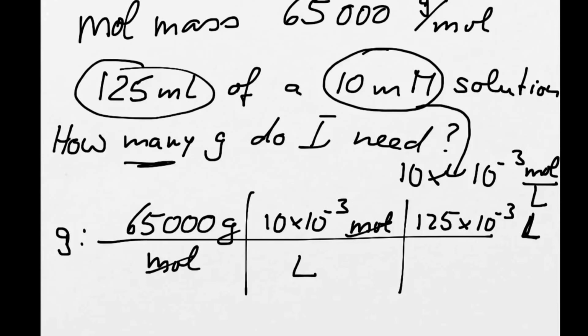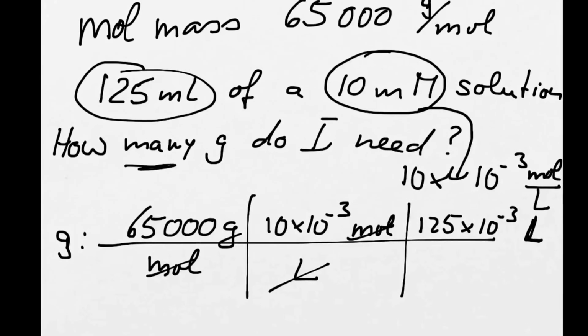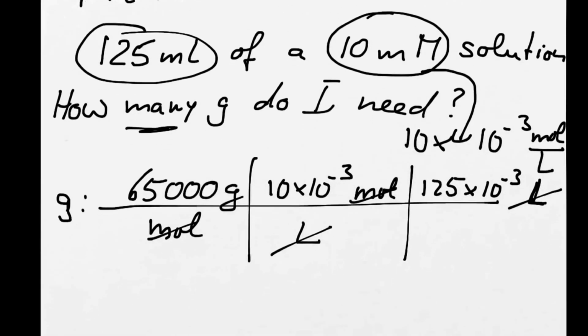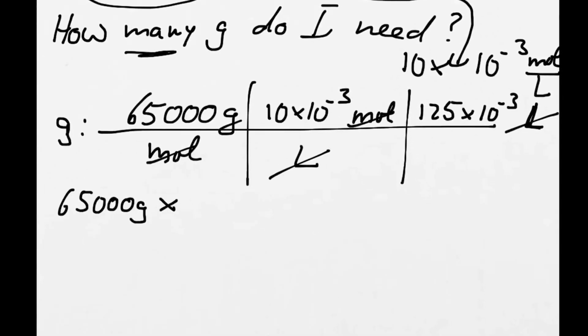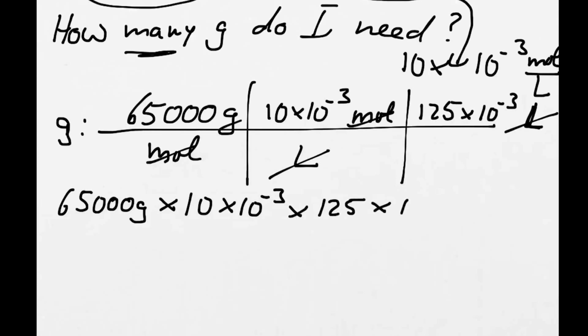Liter cancels out, and all we have left is 65,000 gram times 10 to the minus 3 times 125 times 10 to the minus 3 and no further units.